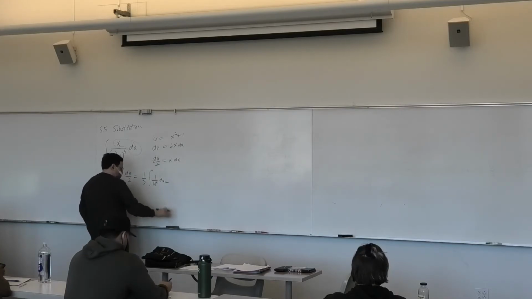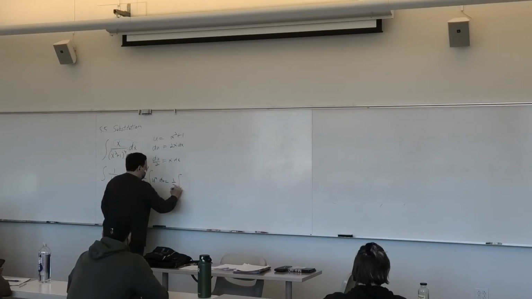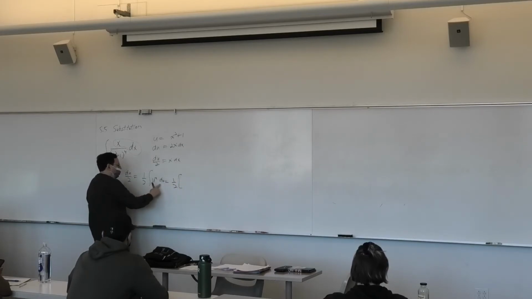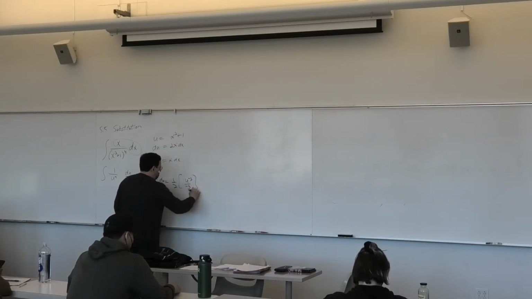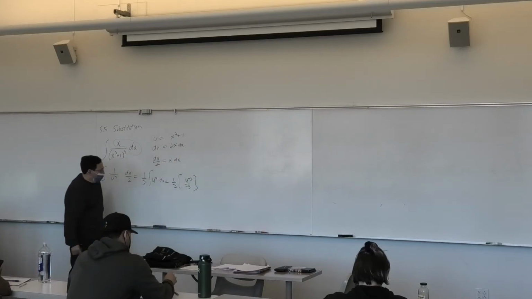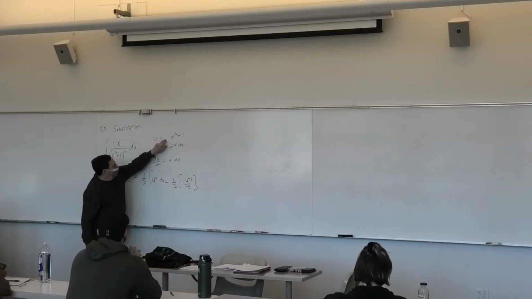Let me rewrite this: u to the negative fourth. And so we can use the reverse power rule, the u to the negative 3 over negative 3, and so forth. And then we just have to plug back in for u here.